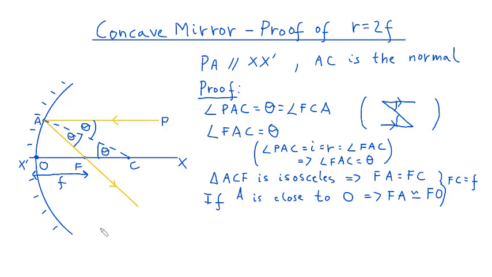Now, we have almost come to the end of our proof, because all we need to notice now is that the distance from the center of the mirror to the center of curvature, or the center of the circle or sphere, OC, we know that this is equal to FO plus FC.